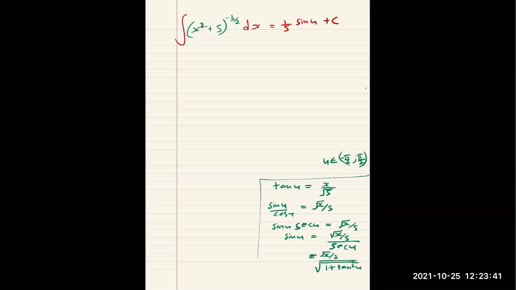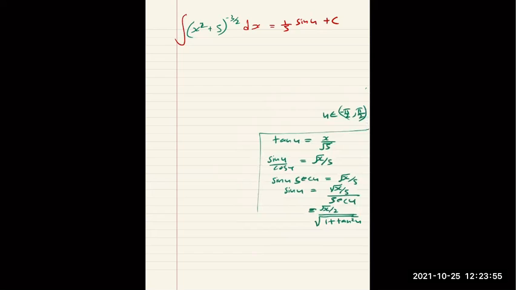So now, of course, you know the value of tan u. You can plug that in here. That is square root of x over 5. If you plug that in here, you will get square root of x over 5 divided by square root of 1 plus x squared divided by 5.